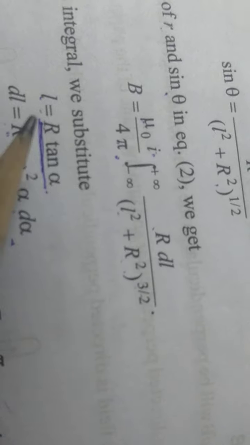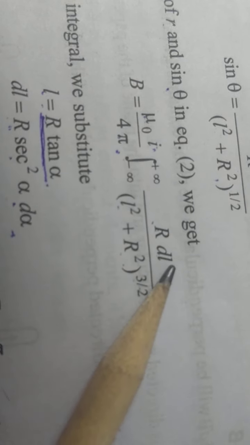To simplify this equation, in place of L, substitute R tan alpha. Since dl is required, dl is R secant square alpha d alpha. Substituting these values again, we have B is equal to mu 0 I by 4 pi integral minus pi by 2 to plus pi by 2.